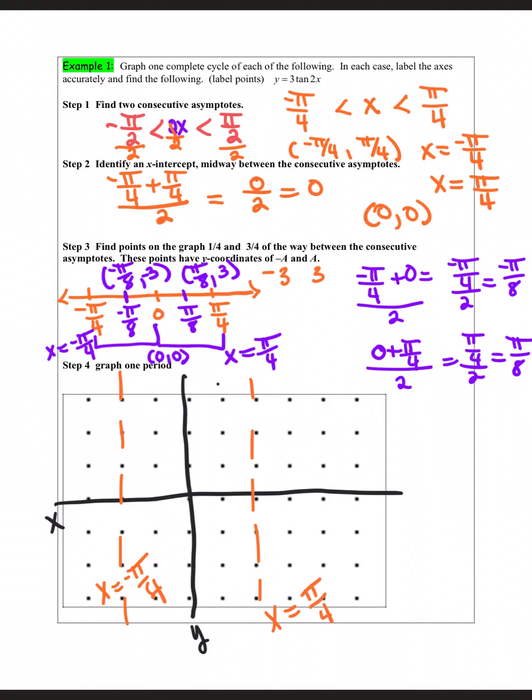And then we have our 3 points: negative pi over 8, negative 3; 0, 0; and then pi over 8, 3. I'm going to label my x-axis, and we're going to connect our points.